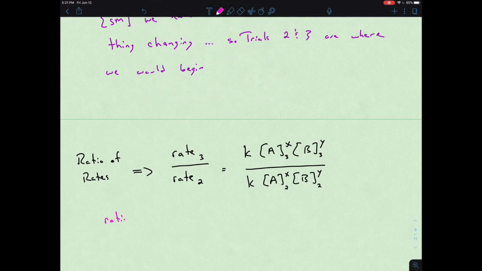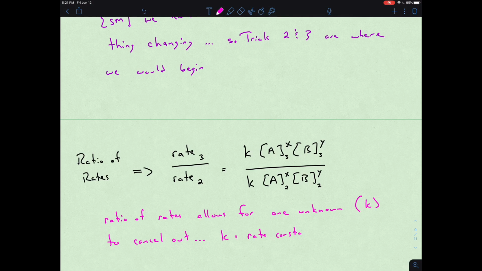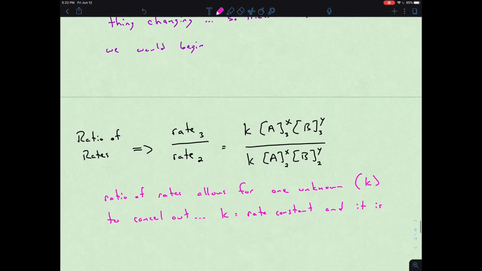So the ratio of rates allows for one unknown, namely k, to cancel out. K, remember, is equal to our rate constant, and it is a constant for this reaction.